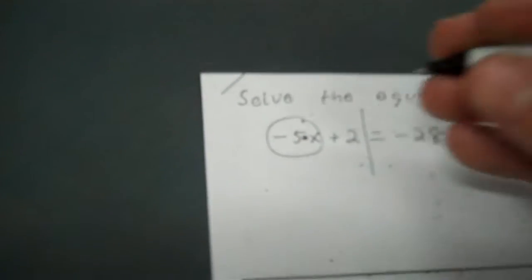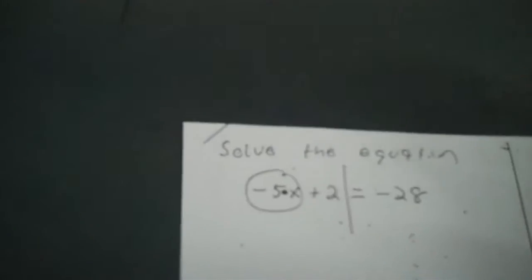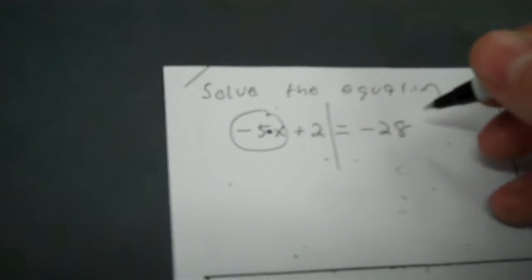Now, line up. I only care about the numbers on this side. Okay, don't do anything with that negative 28 when you're trying to get rid of things. So x is being multiplied by negative 5. Remember, we don't add or subtract the negative 5. That's a multiplying number. But between the 2 and the circle, you got a plus sign, so you got to deal with the 2, not the negative 28.